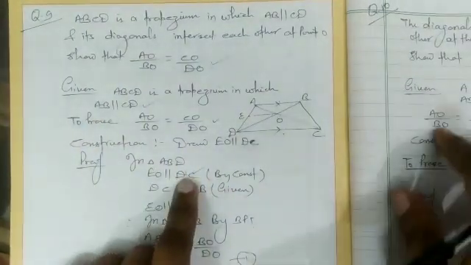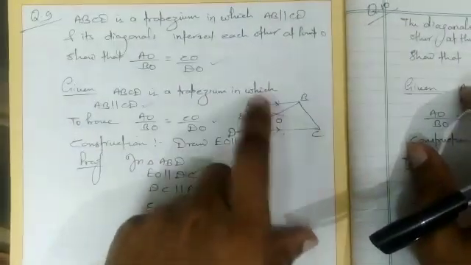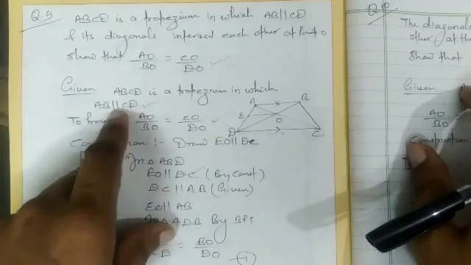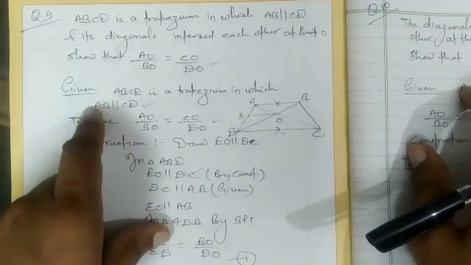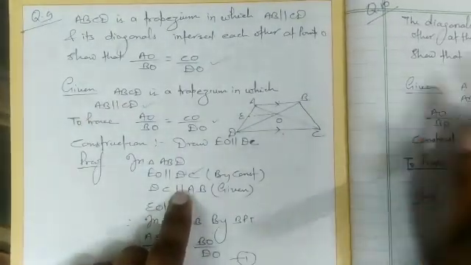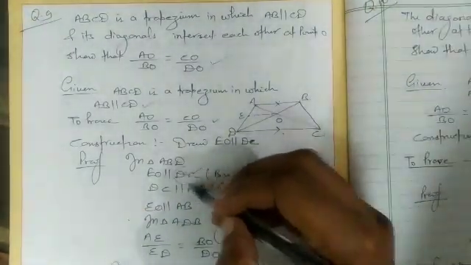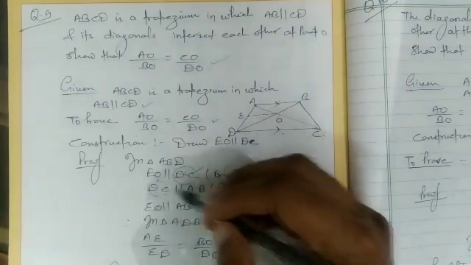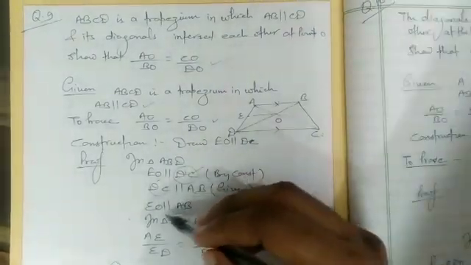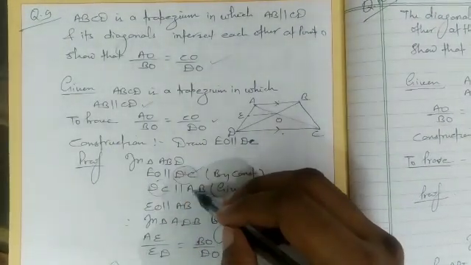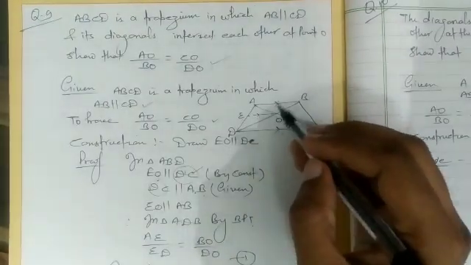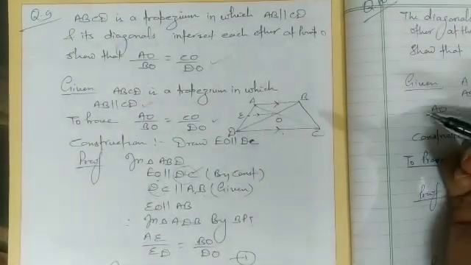And DC is parallel to AB, this is already given. Since we are given these two conditions, DC is parallel to EO and DC is parallel to AB also. So EO will also be parallel to AB.